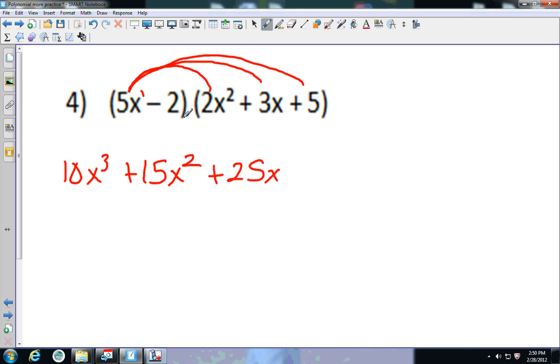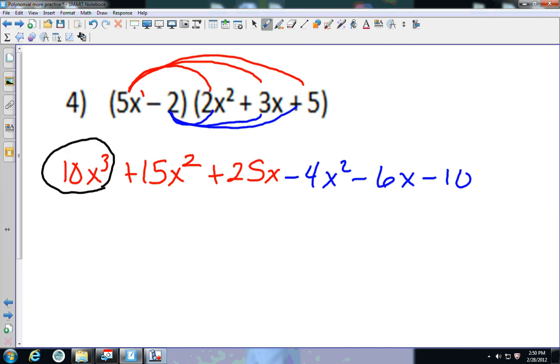Now I'm going to multiply the second one, negative 2 times 2x squared, negative 4x squared, negative 2 times 3x, negative 6x, negative 2 times 5, negative 10. Now, x to the third power, I've only got one of those, 10x to the third power, x squared, I have 15 minus 4, which is 11x squared.